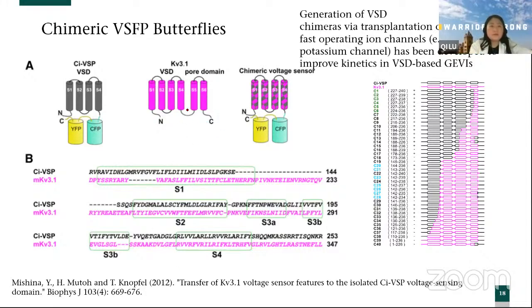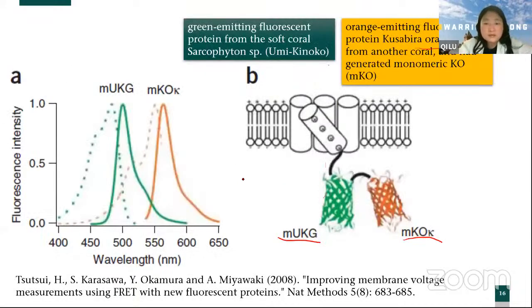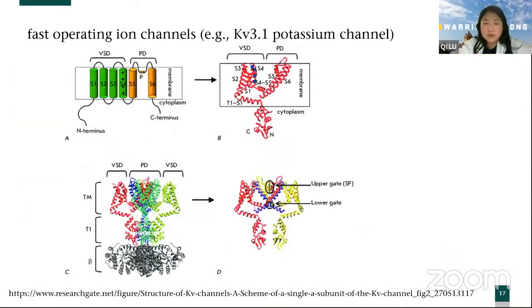For the PSD butterflies, it's kind of making a chimera that mixes, how to say, this one, this Yomi Kinoko, the griffin proteins from the soft coral. So this is from soft coral, and this is not from potassium channels.